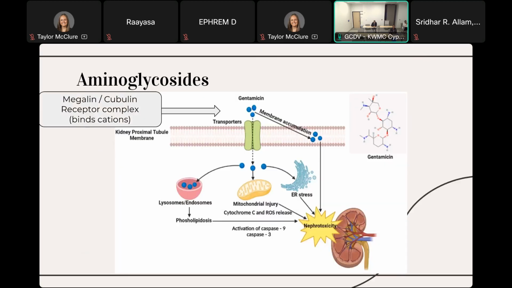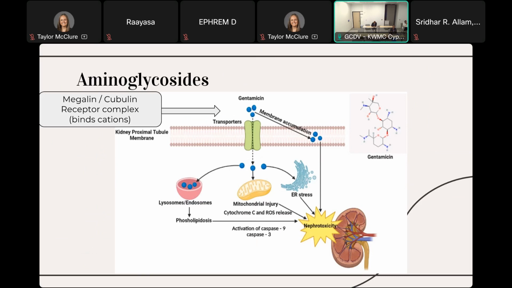So this is a proximal tubular cell. Now imagine there is a glomerulus up front. Aminoglycosides will be filtered at the glomerular level, right? Once the aminoglycoside is filtered, what happens in the proximal tubule is that on the apical lumen side it has certain transporters called the megalin-tubulin receptor complex.